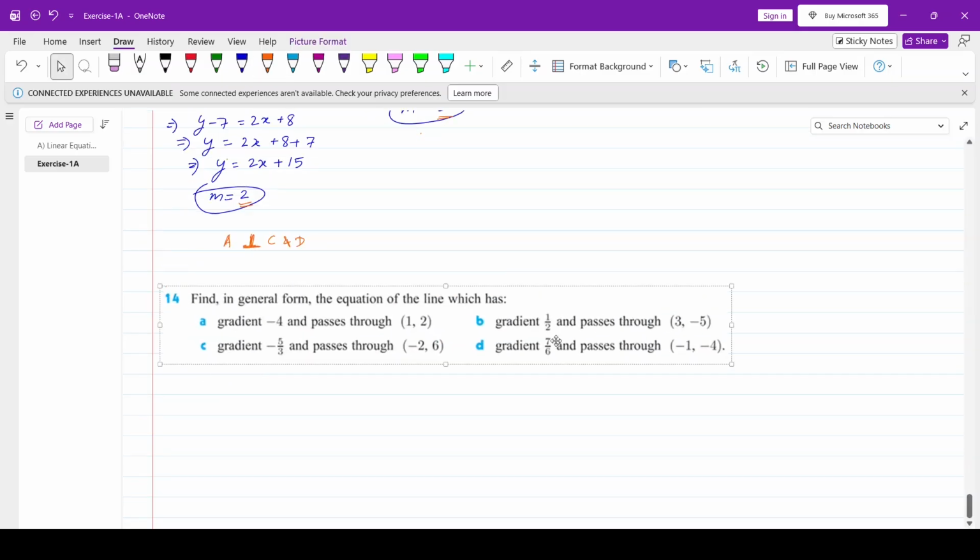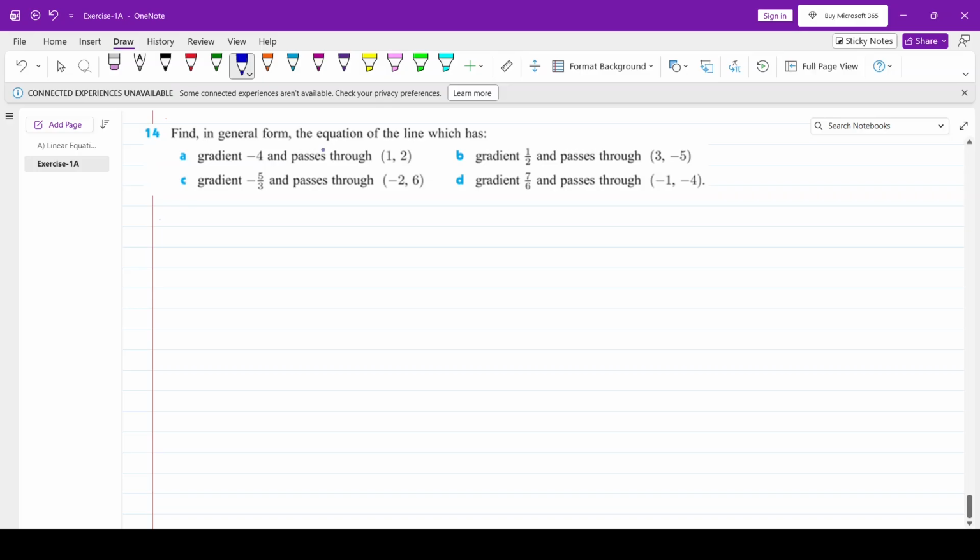Let's move on to question number 14. Find in general form the equation of the line which has... I'll do part C. Other parts you can do the same way I'm doing part C. Gradient m is equal to minus 5 by 3. This is, let's say, x1. This is, let's say, y1.